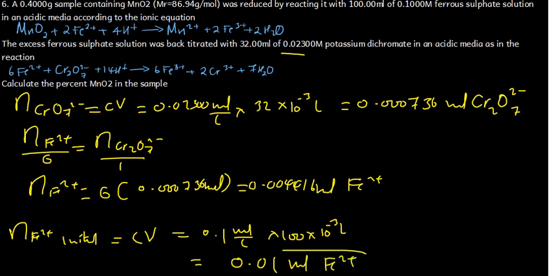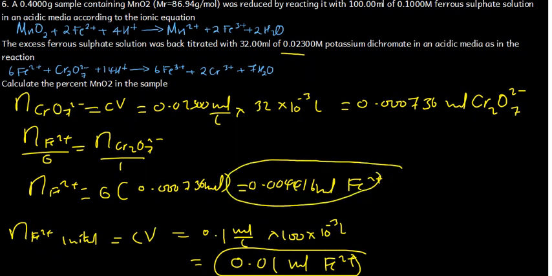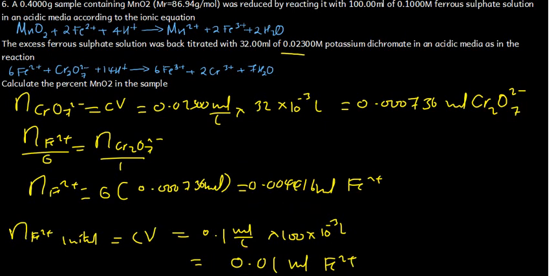So if these were the moles which are present at the start initially, and then these are the ones which reacted in the second reaction, then how many moles reacted in the first reaction? So we do a subtraction in this case.